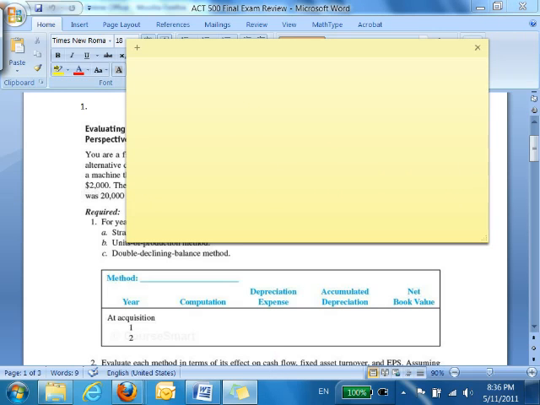Let's follow this and check. The first one is the straight line method.